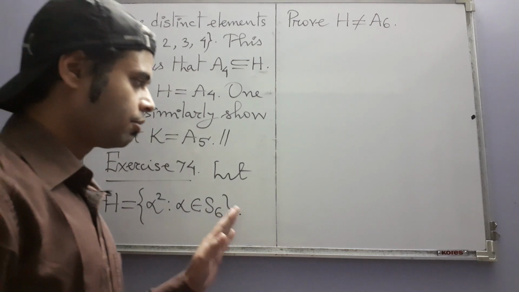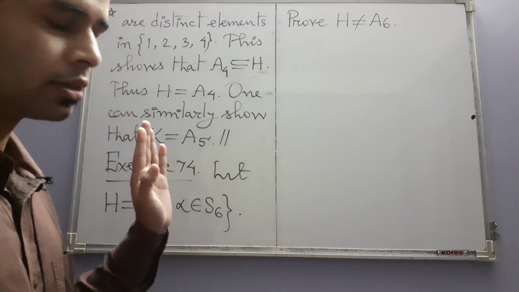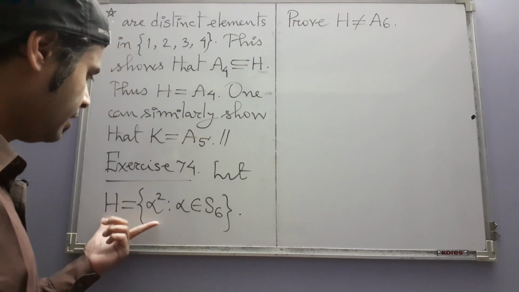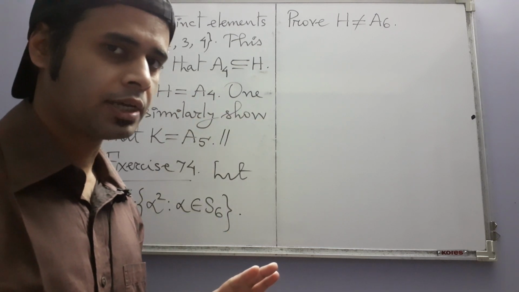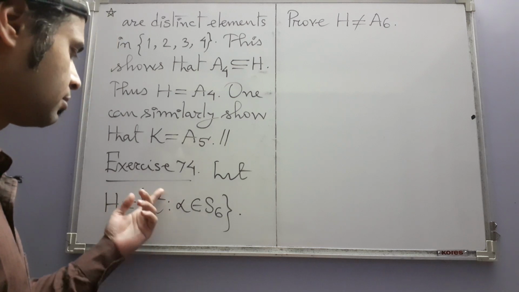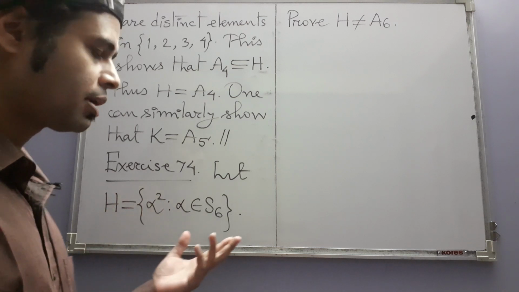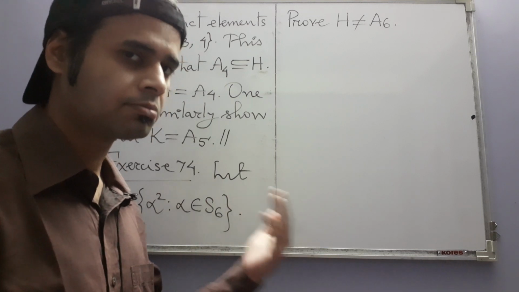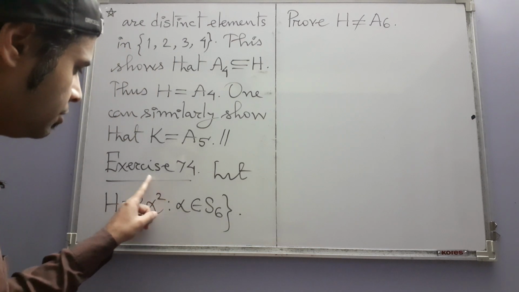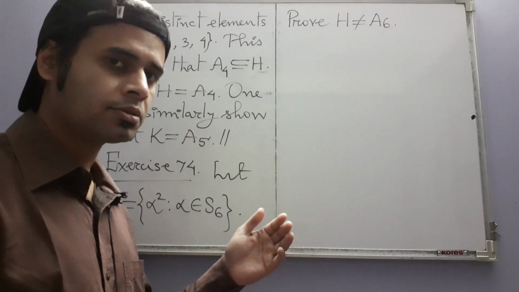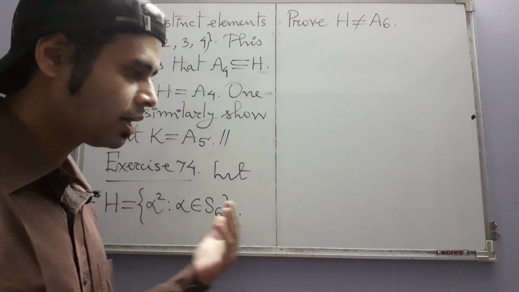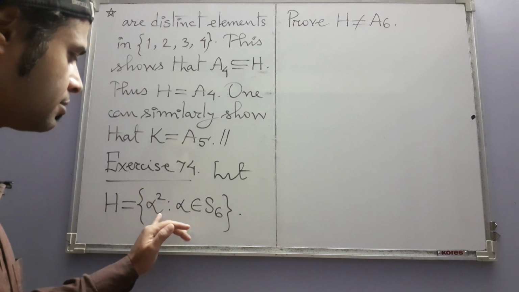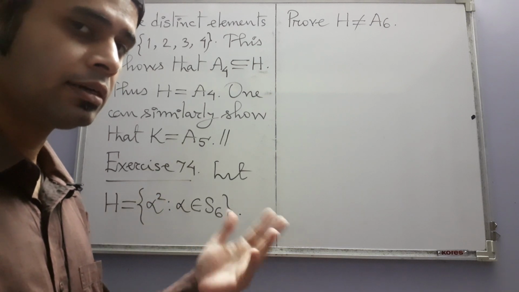Note, we already know one thing from the previous solution, that because we are considering squares, H will be a subset of A6. That's because no matter how many cycles alpha has, that is how many cycles there are in a representation of alpha as a product of two cycles, because you are considering square, so ultimately the square will have an even number of cycles, and as such any alpha square, simply because it is a square, is an even permutation.